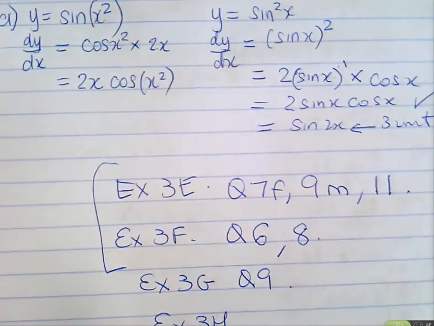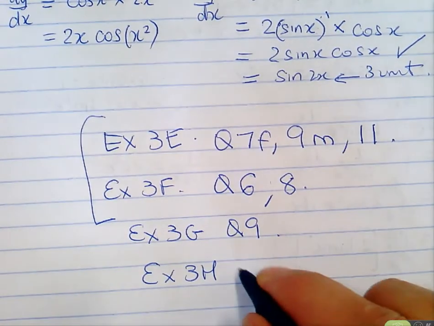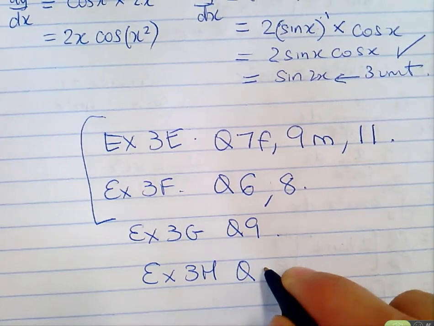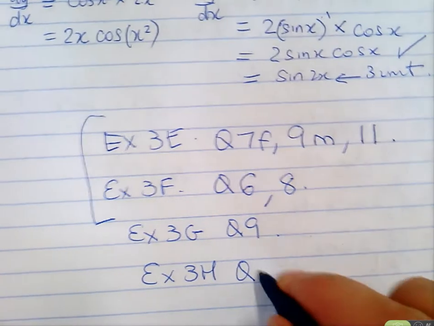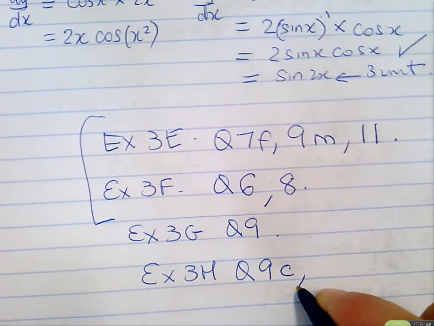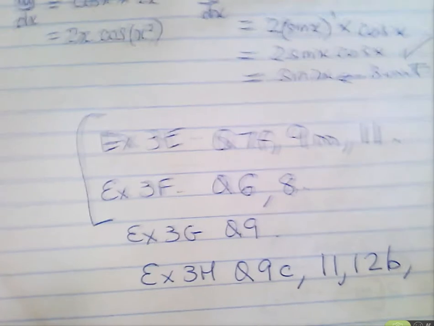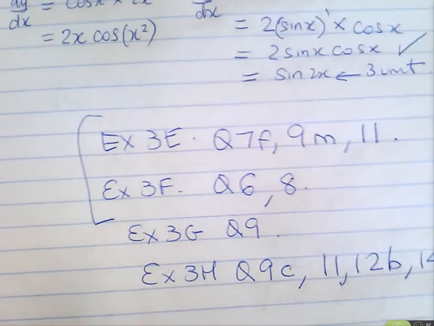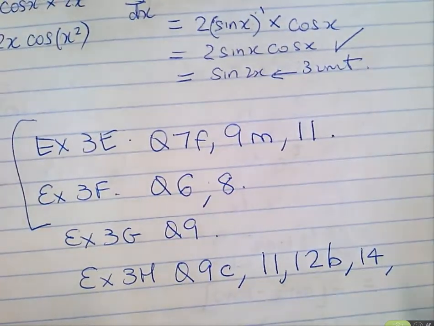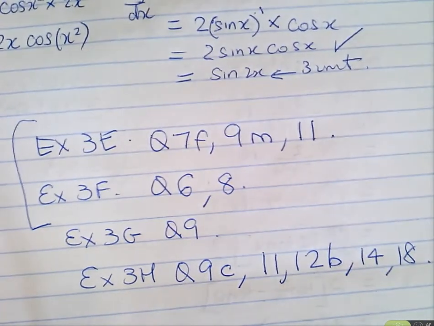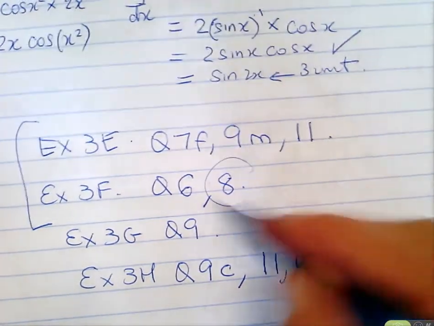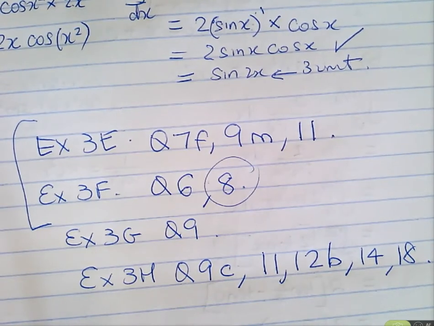And I've set 3H, which... Actually, can we do a little bit more than that? Can we do 9C as well? 11, 12B, 14. It's revision. Think of it as revision. And 18. This is going to take some time. 3F question 8. It's a stationary point inflection, one of those. I hope it's not a horrible one.